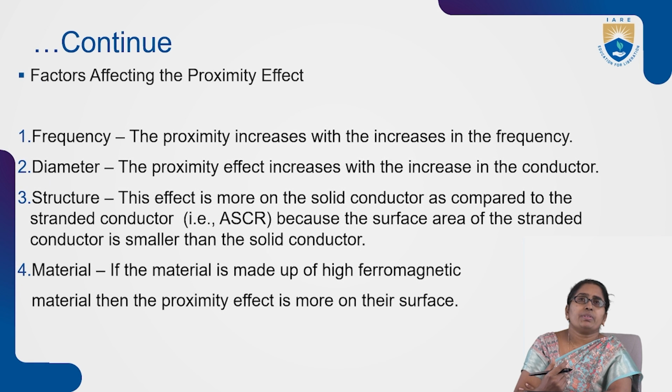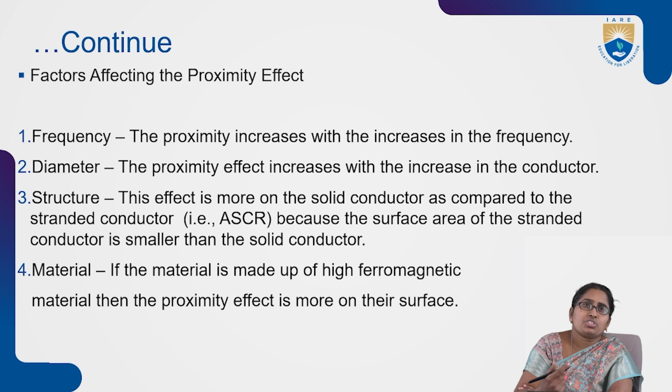Now, factors affecting the proximity effect. There are four factors. First, frequency: the proximity effect increases with an increase in frequency. Second, diameter: the proximity effect increases with an increase in conductor diameter.